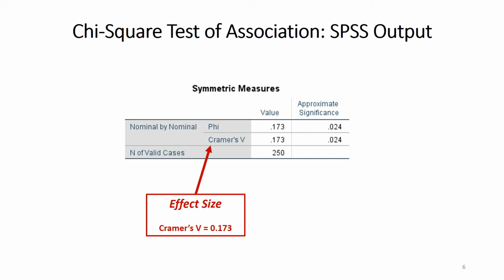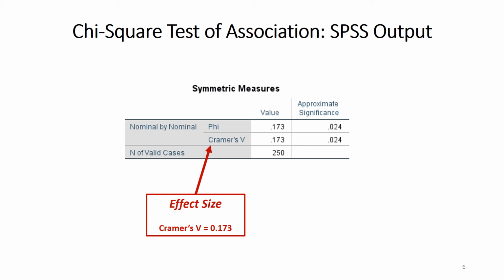So what I mean by that is if you have a really large sample size, say in the multiple hundreds or multiple thousands of cases, your likelihood of getting a significant p-value, like we saw in the previous slide, goes up pretty quickly.